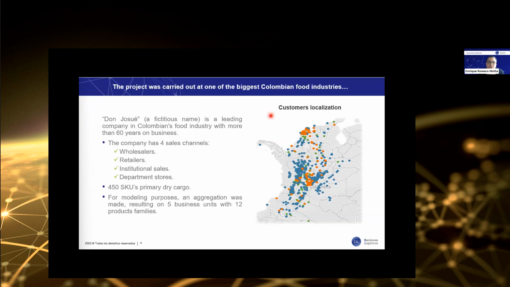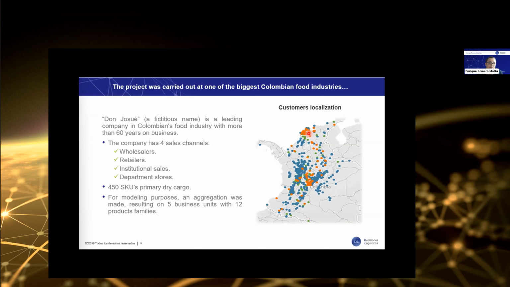There is an interesting topic here about the customers' localization, which is over the country. So as you can see, we have customers in the farthest places in the country. That's the biggest challenge we need to face: how to create a strategy for managing the distribution, even considering the dispersion of the customers, as you can see right there.